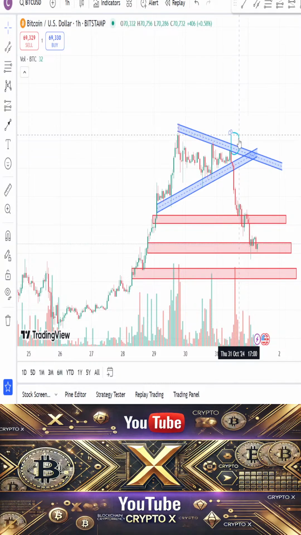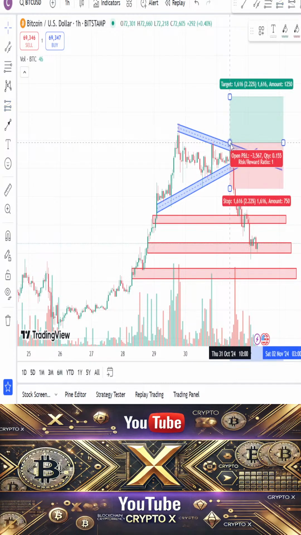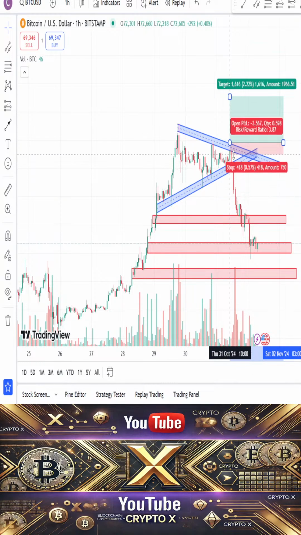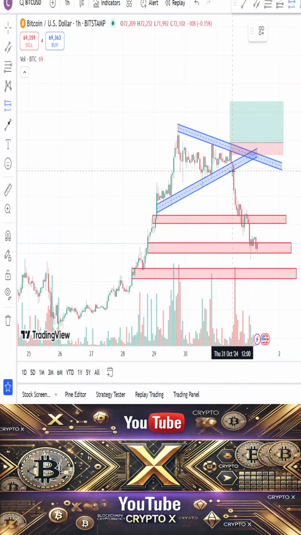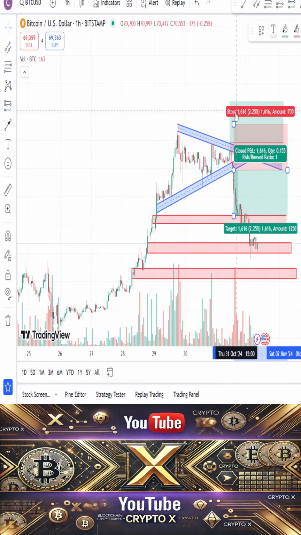According to yesterday's stream, we had given two trades. One plan was this, 1:2, and the other was a short position from here, right?